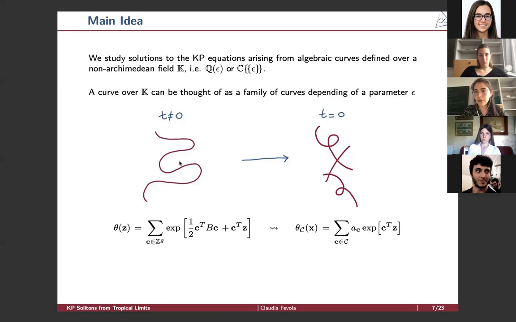For the smooth curve, when t is non-zero, we can construct a solution using the Riemann theta function, which is an infinite sum of exponentials, while for such a degenerate curve it becomes a finite sum of exponentials. This makes us think that this can be a soliton solution, and this is actually what happens.